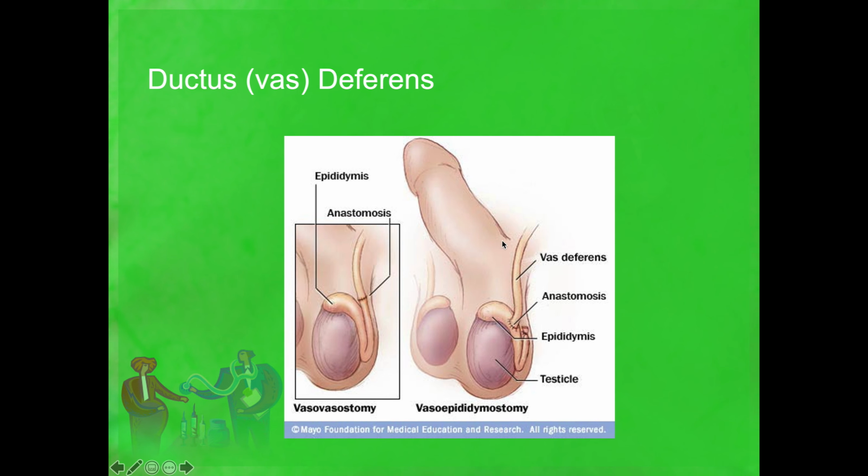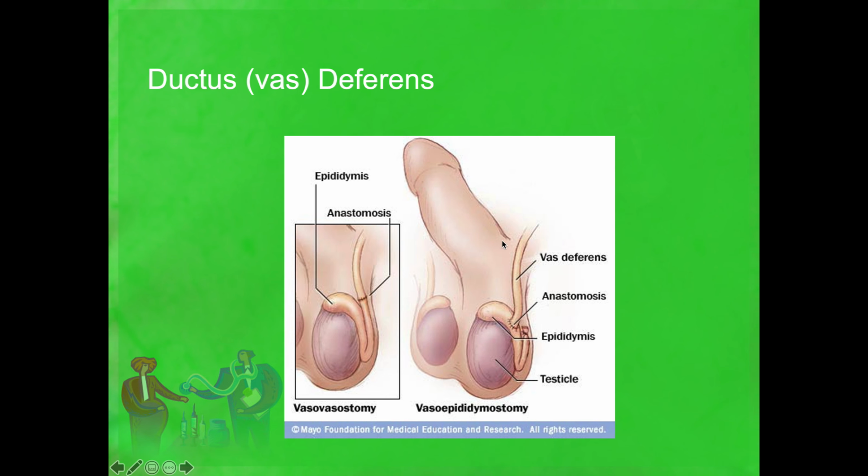Okay, now in this picture I'm just showing you what a vasectomy looks like. In this instance, for this particular vasectomy, in this area they are cutting off a piece of the vas deferens, and they are creating an anastomosis. You'll learn all about anastomosis and things like that as you move on, and cutting this particular area. Okay.